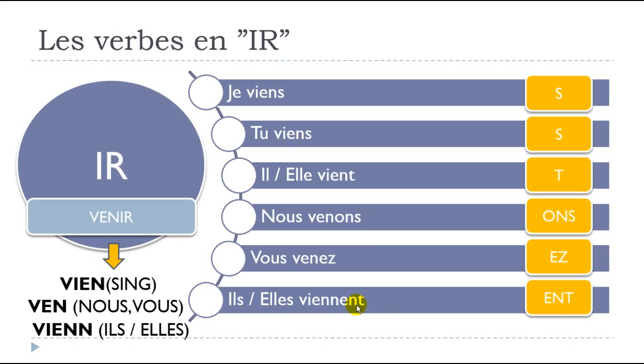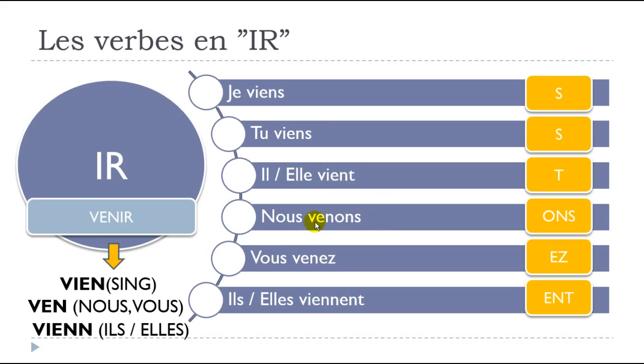And it can be quite tricky because if you think about that, especially phonetically, it's challenging in a way because you get this nasal sound here, je viens, okay, viens, tu viens, well the same, il vient, elle vient.